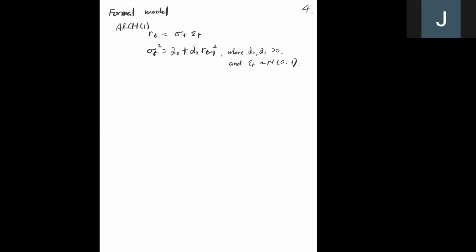So that's how we formulated this ARCH(1) model. It satisfies the R_t equals sigma_t epsilon_t formula, and the dynamics that we introduce for this sigma_t is related to R_{t-1} in the quadratic form.